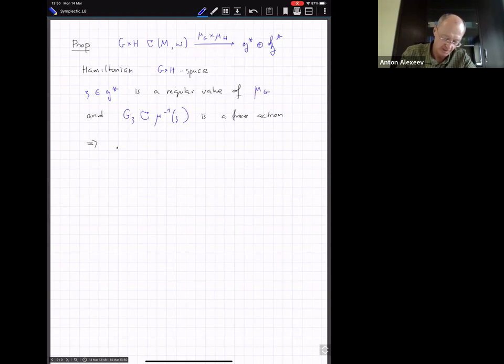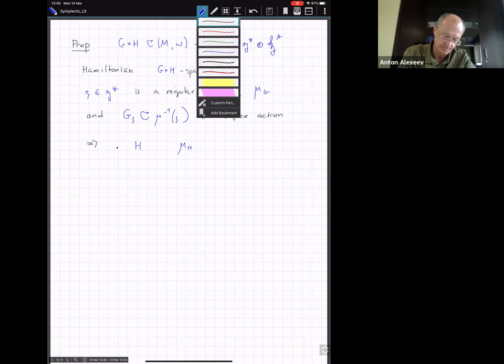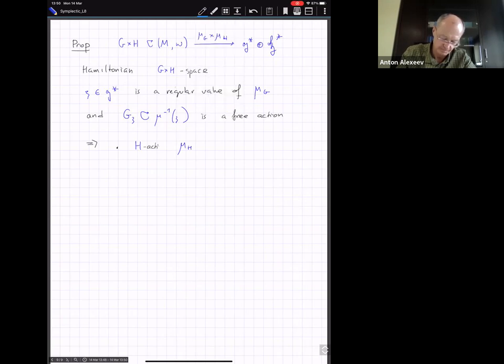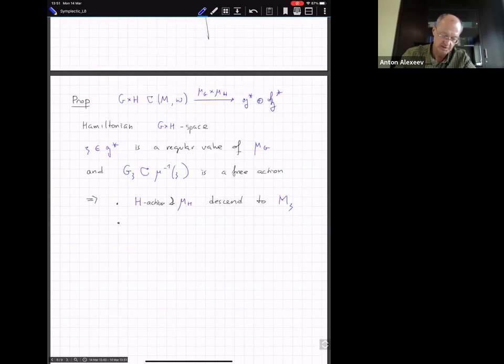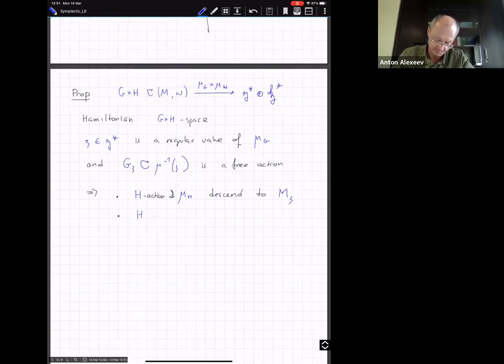So the H action and mu H descend to the reduced space. And the reduced space becomes a Hamiltonian H space.